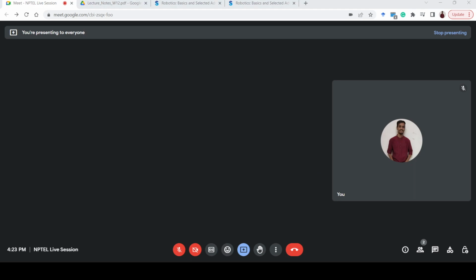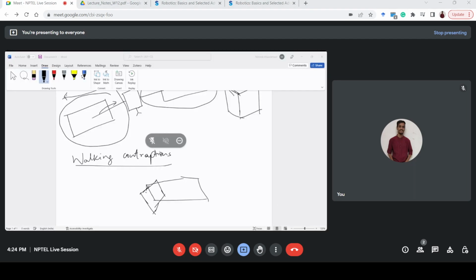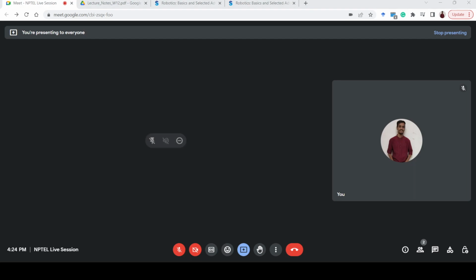There is a base, and then there are many links like this that are arranged such that they move with a specific phase difference, on both the sides.